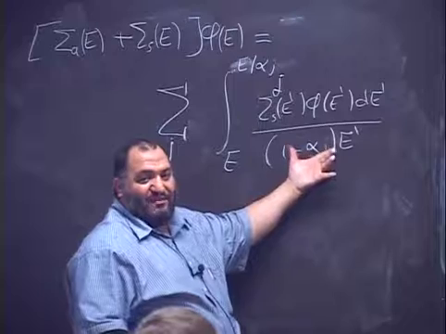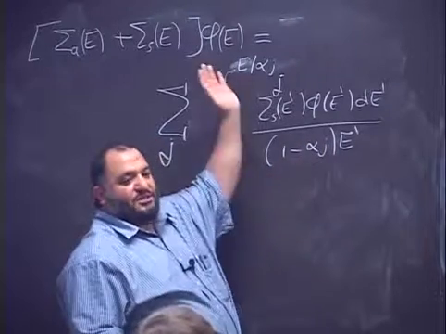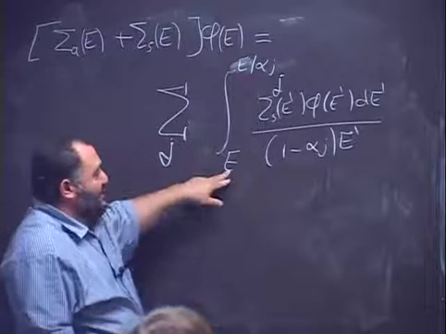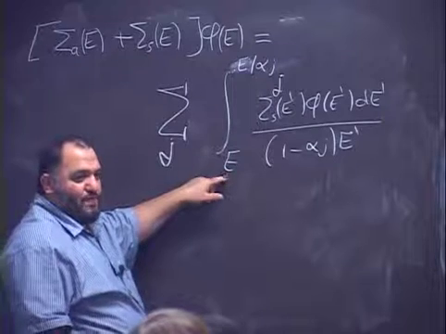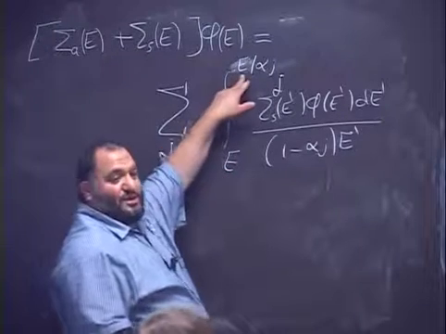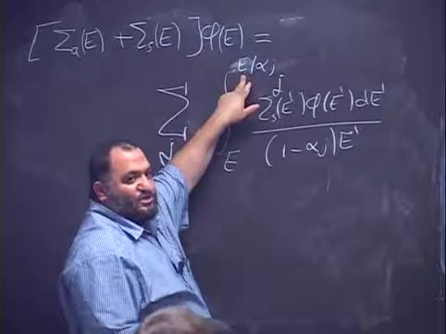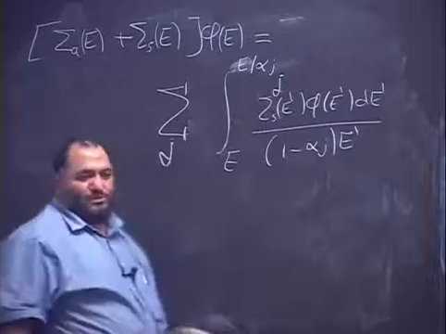But I have to count all the particles that come from all energies E prime. So what's the minimum energy that I will reach? E. And what's the maximum energy? E over alpha. But alpha is coming from several isotopes, so I have to include j, and I'm summing over all isotopes.